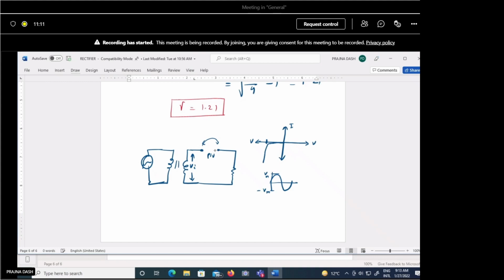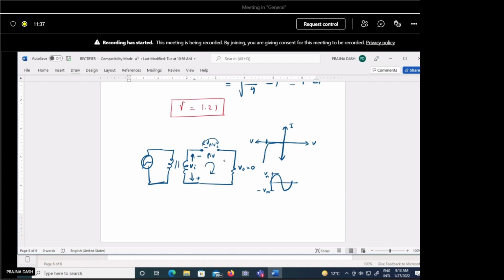Suppose in the negative half cycle, that is the reverse bias condition, this will be minus plus Vi, and this is the peak inverse voltage, VPIV. If you apply KVL here, the output voltage is 0 now.